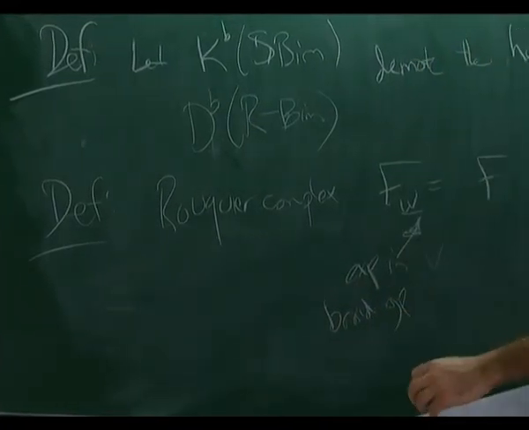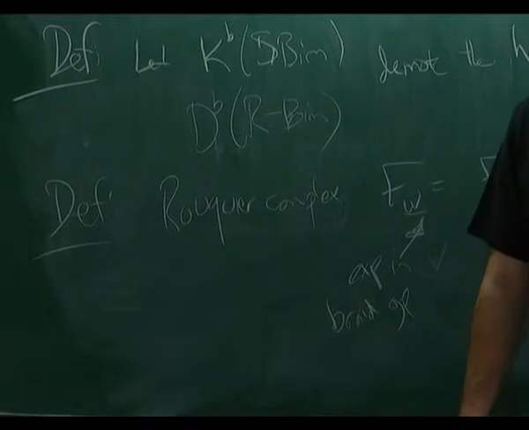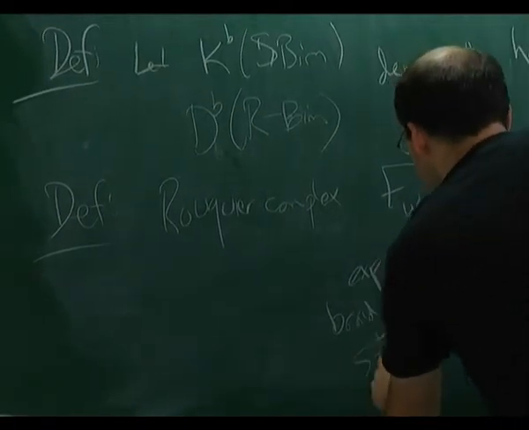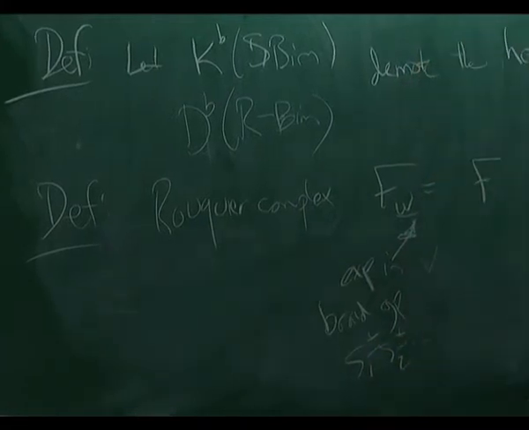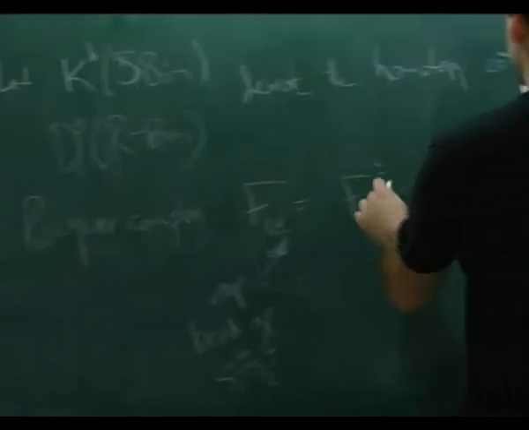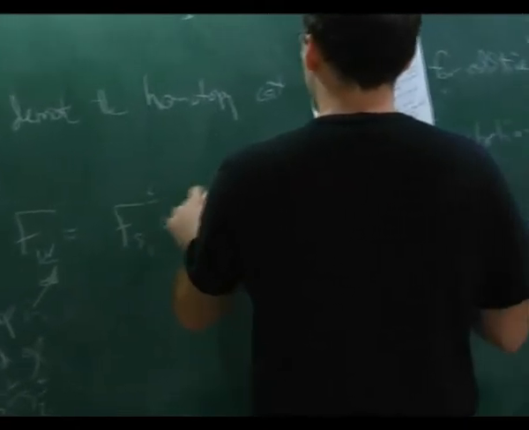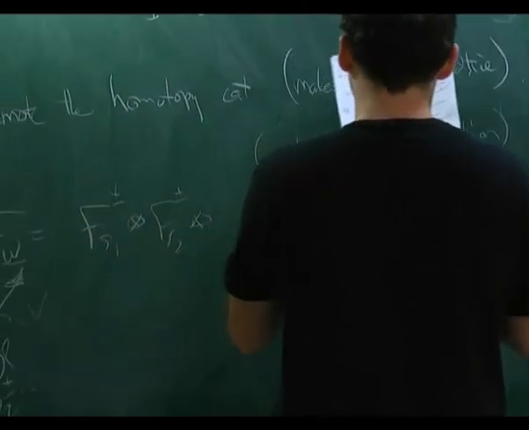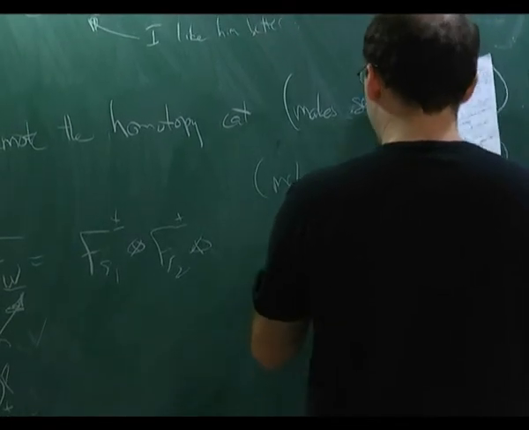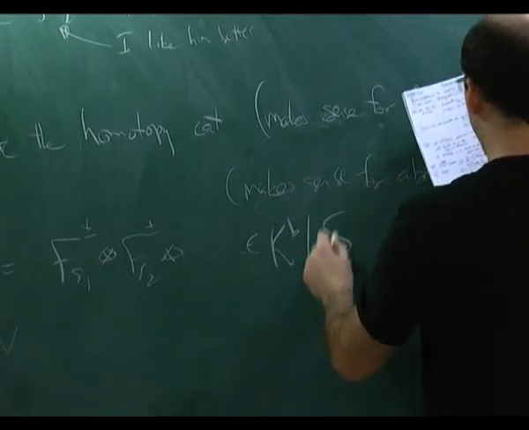Which is to say that we don't take s squared as 1, so we need s_i or s_i inverse: s1 plus or minus, s2 plus or minus, dot dot dot. And so this is going to be F_s1 plus or minus tensor F_s2 plus or minus tensor, dot dot dot. And this is an element of this homotopy category.